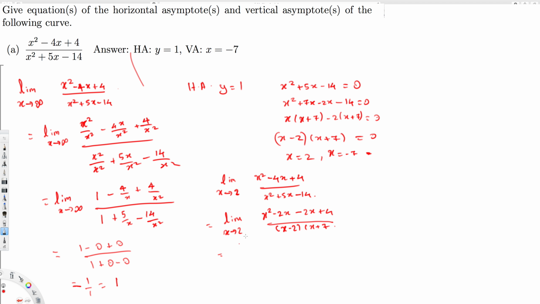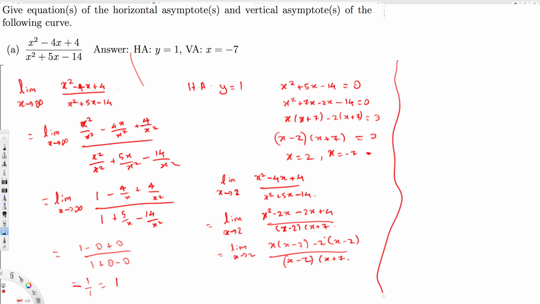Then I can factor the top one, with x approaching 2. If I take x common, x times (x minus 2), minus 2 common, minus 2 times (x minus 2), over (x minus 2)(x plus 7).